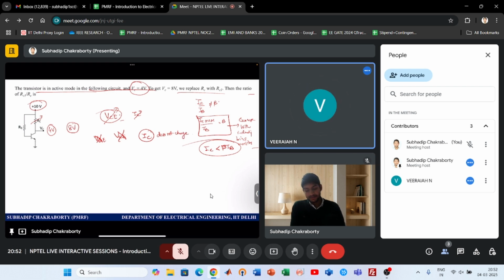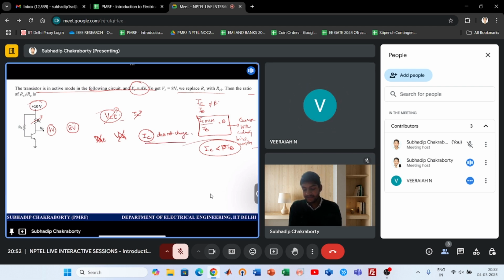VBE is not changing here, right? You are not changing RB, so VBE is not changing. This is 10 volts, RB is the same, so VBE is also the same, and VCE is also almost the same. So assume IC does not change.